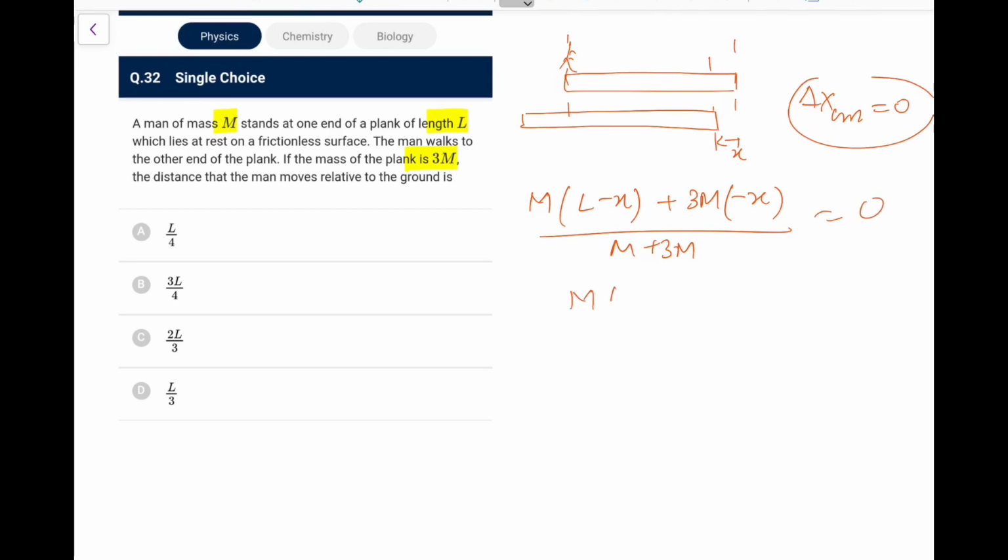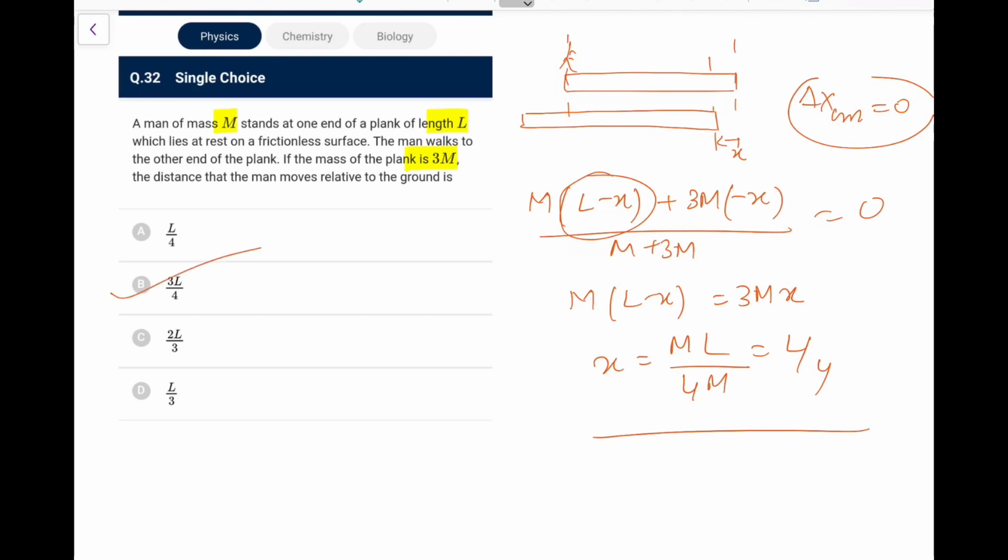So m(L minus x) is equal to 3mx. So x would be equal to mL upon 4m, that is L by 4. So the plank shifts by L by 4. Relative to the ground, the man moves by L minus x, L minus L by 4, that is 3L by 4.